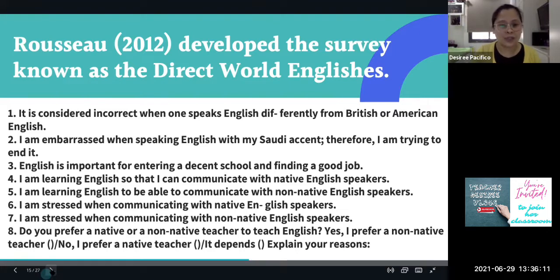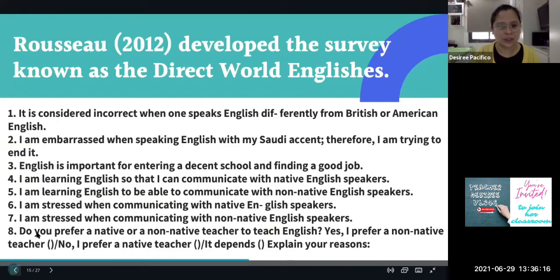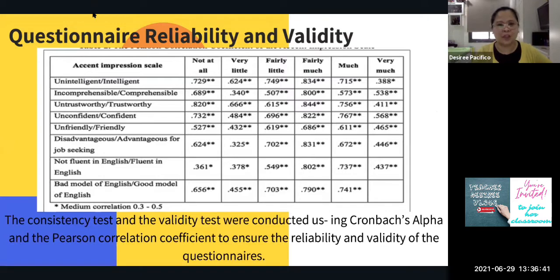As per the introduction, for the last question, do you prefer a native or non-native teacher to teach English, the majority of the students preferred non-native teachers, as per the introduction mentioned by Afnan. Here is the data collected from the questions that were answered by the 20 female students.